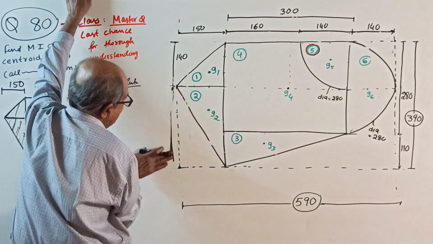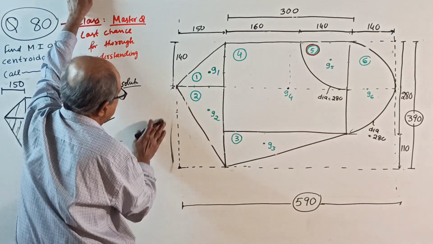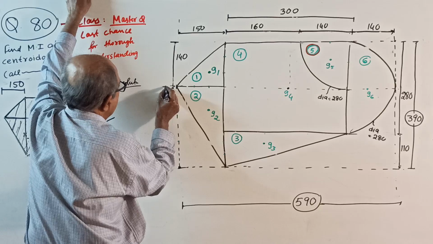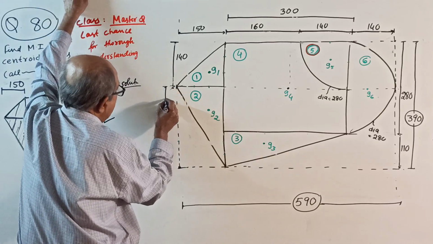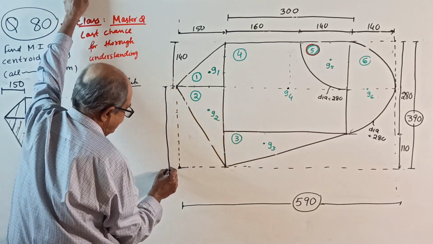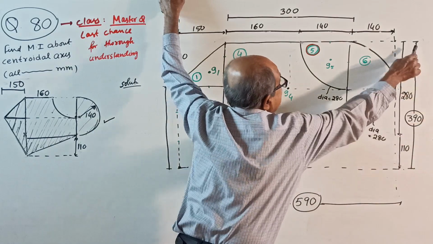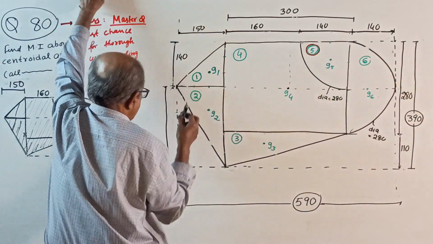It's disturbing here. There is no place to write. Okay, right here. From 390, subtract 140. This is 250.